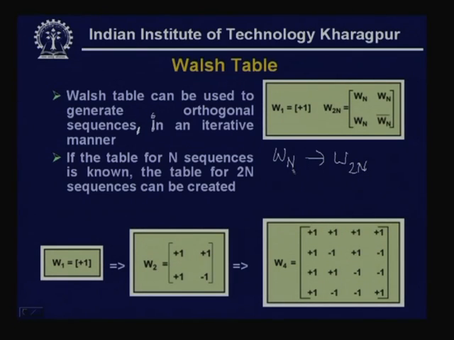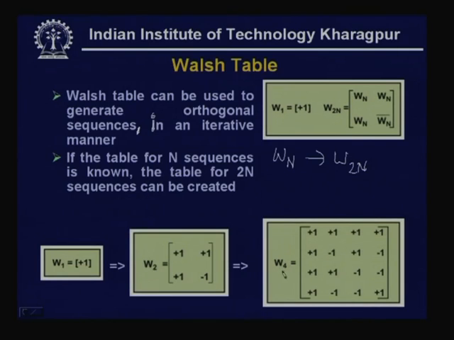So, how do you generate? W2n is generated from Wn by putting Wn, Wn, Wn and Wn bar here to get W2n. For example, W1 is plus 1 and W2 is, here we have substituted W1, W1, W1 and W1 bar. That means plus 1, plus 1, plus 1 and minus 1.